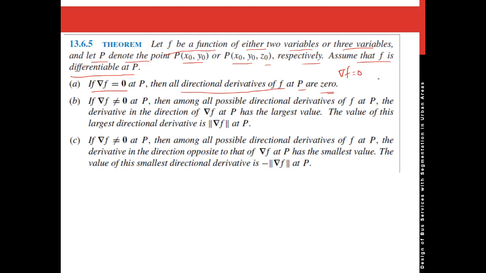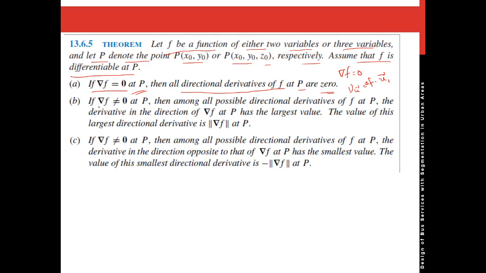Why? Because for any unit vector u, the directional derivative is del f dot u. So if del f is 0, the directional derivative is 0 for all directions.